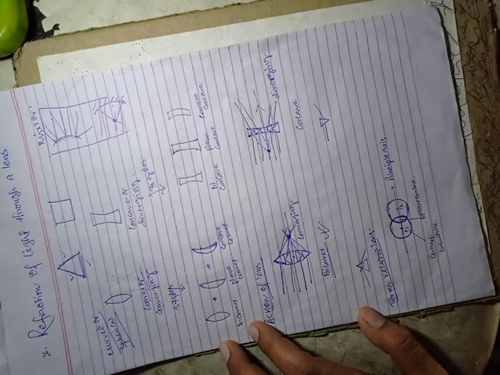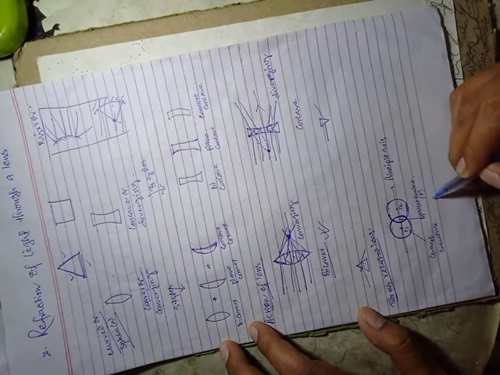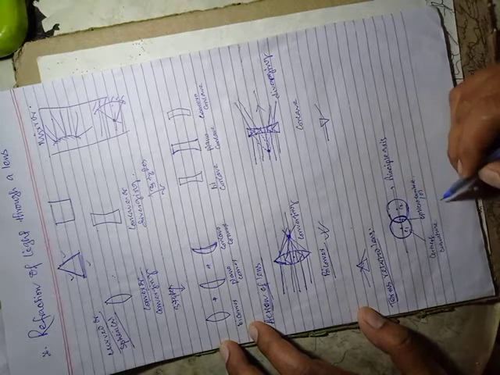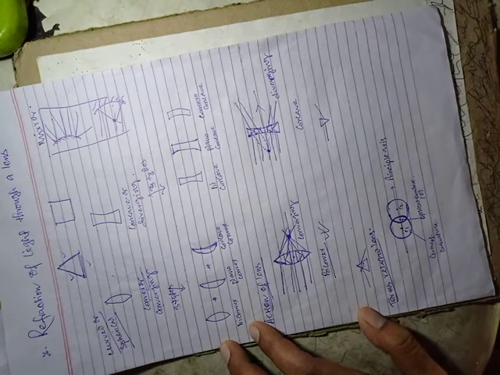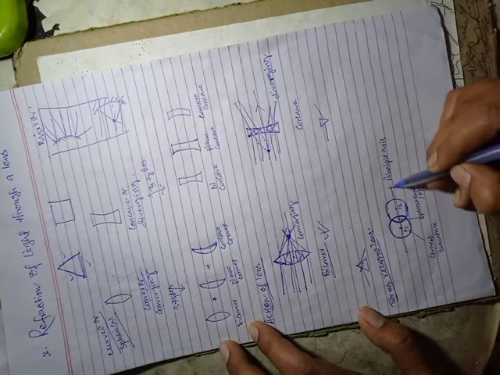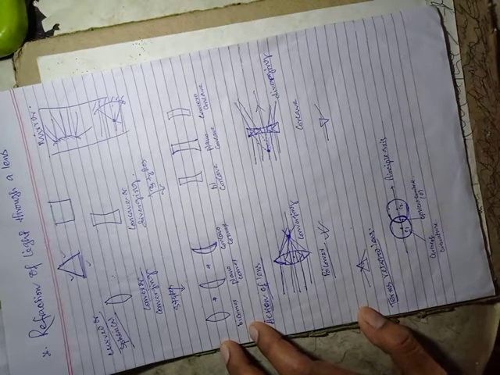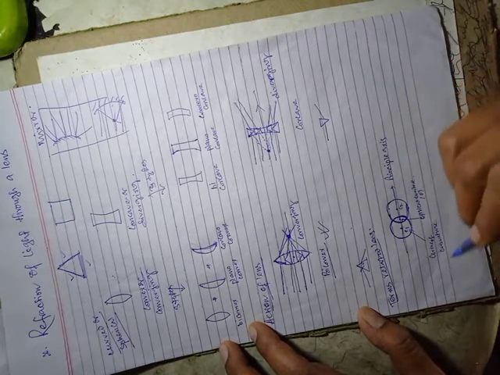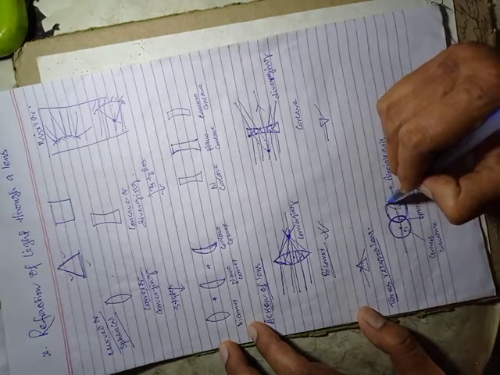I think you can understand. The optical center is a point of the lens, and by definition, any ray passing through this optical center is undeviated. Any ray passing through this is undeviated. Then principal axis, optical center, center of curvature, and another one is radius of curvature.